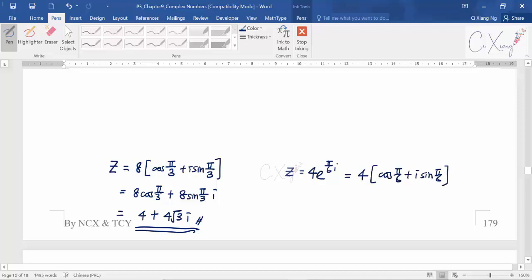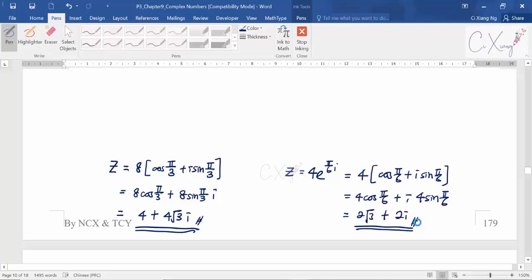Then again, you expand, and by pressing the calculator you can get the value. Cos pi over 6 means cos 30, so you have 2 square root 3. Then plus, sine is 0.5, multiplied with 4, you get 2. So this is how you change the exponential form and also the polar form back to the Cartesian.